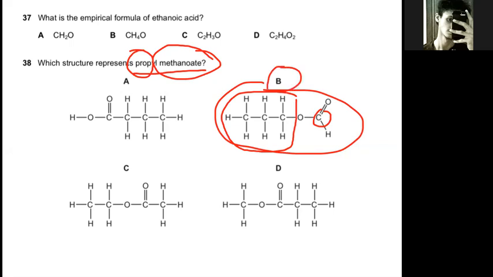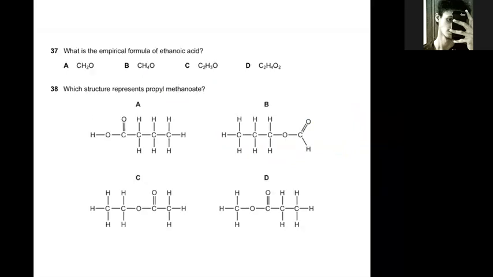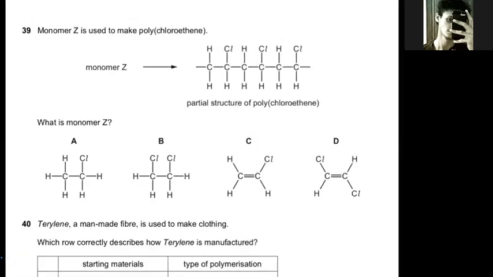This part is called propyl, and this is methanoate. Monomer Z is used to make polychloroethene. What is monomer Z?